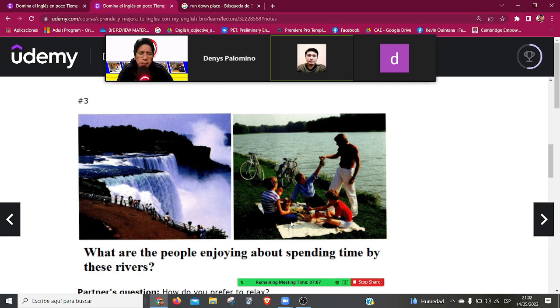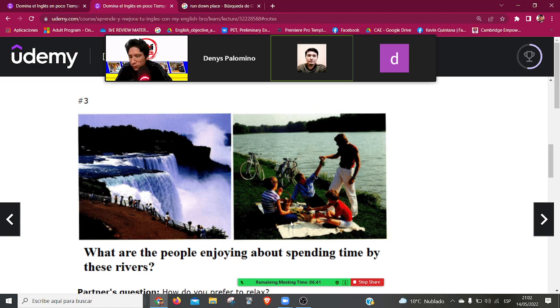What are the people enjoying about spending time by these rivers? Okay, both of these pictures show people sharing with friends or family, probably.